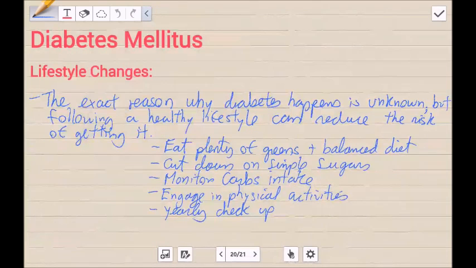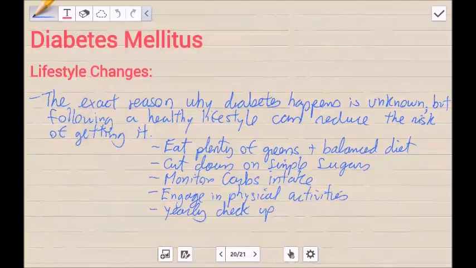Diabetes mellitus, just for the lifestyle changes: a lot of the time the exact reason why diabetes develops in patients is unknown, but usually following healthy lifestyles can help reduce the risk of developing diabetes. Eat plenty of greens and a balanced diet, making sure we consume food from all our basic groups.